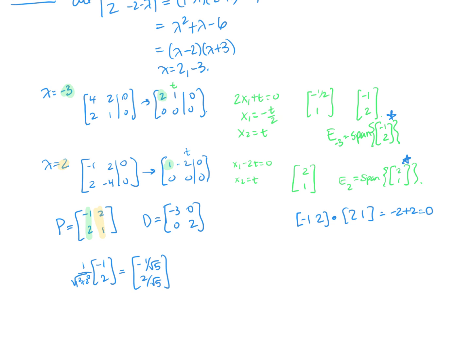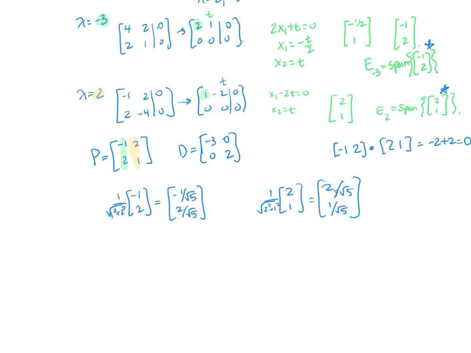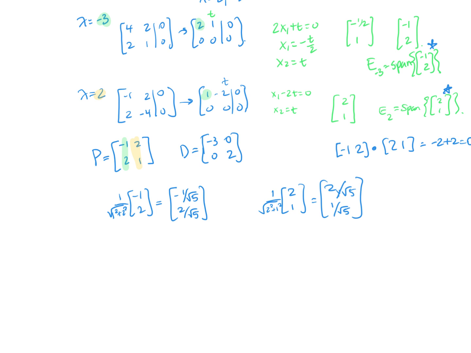I can do the same thing to the vector 2, 1, multiplying by 1 over the square root of 2 squared plus 1 squared, and I get 2 over root 5 and 1 over root 5. Now I have a set of vectors that are normal and orthogonal, so it is an orthonormal set.